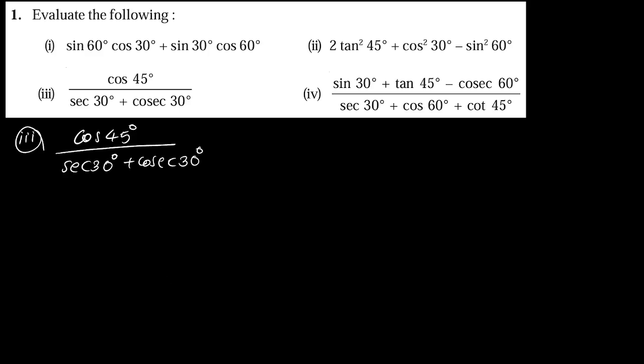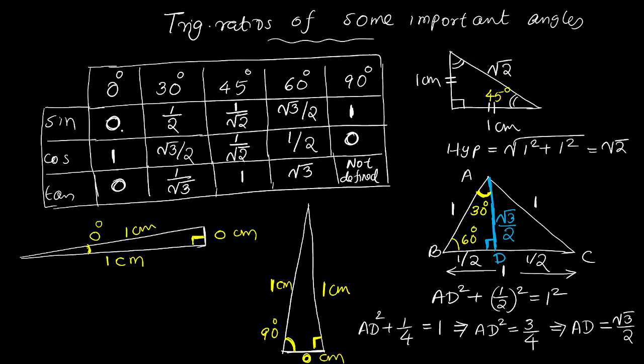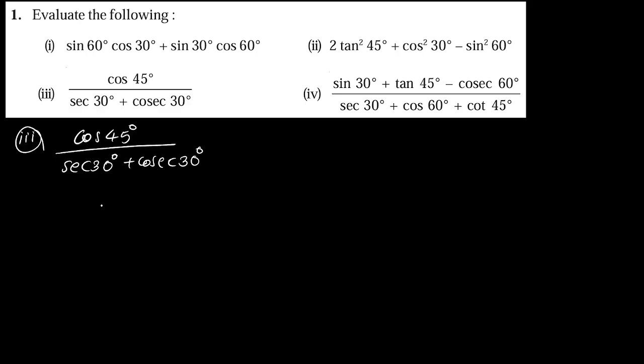You know that cos 45 is there in the table, or we have studied that. But the problem is sec 30, we have no idea. We have not studied it. But in the last class, we studied that sec theta is the reciprocal of cos theta. Do you remember that?